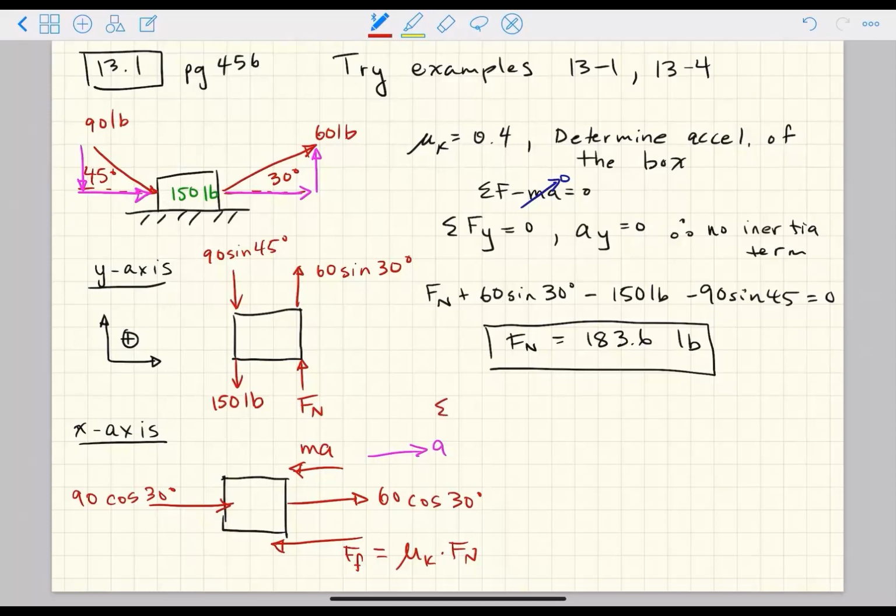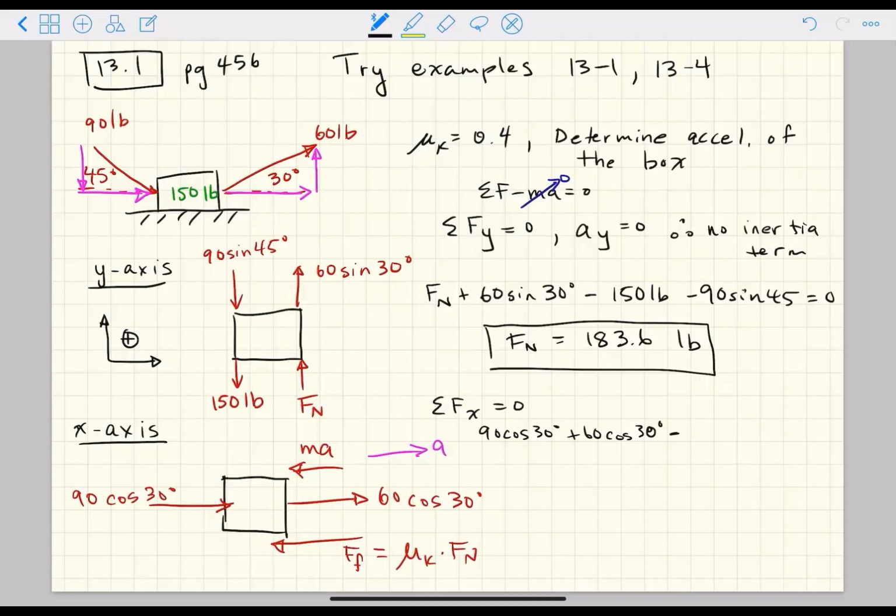So there are our four different forces. So let's do the sum of the forces. I'll do that in black. So the sum of the forces in the x is equal to 0. And we're going to include that mass term in there, mass and acceleration. So we add them all up. Again, we're going to assume to the right is positive. So we're going to go 90 cosine 30 degrees plus 60 cosine 30 degrees.